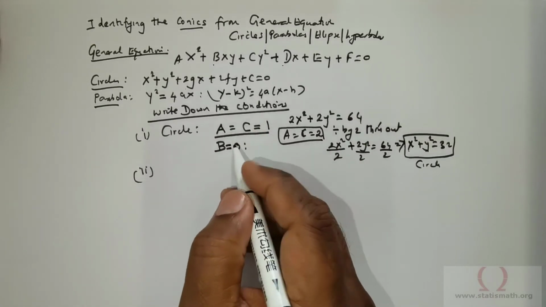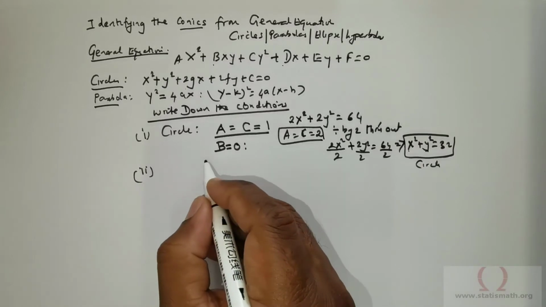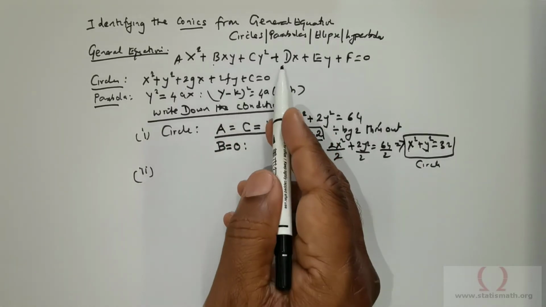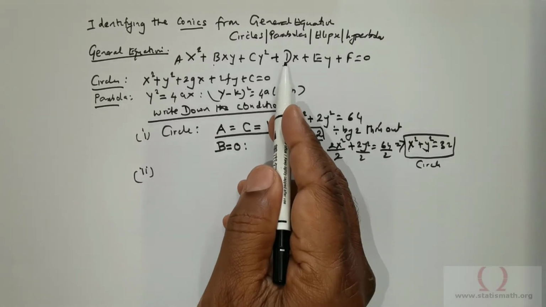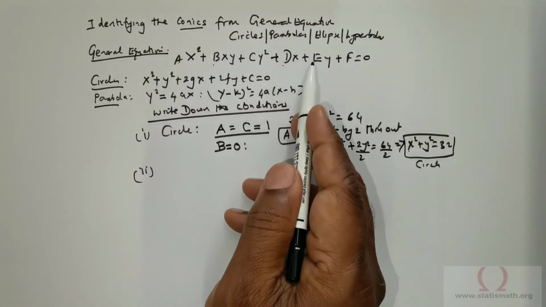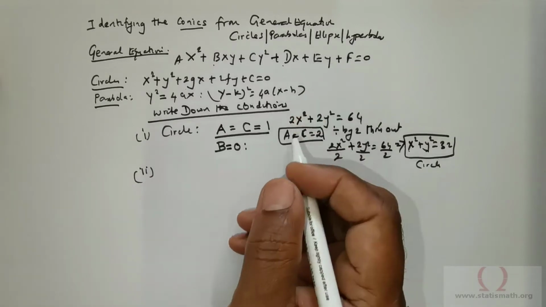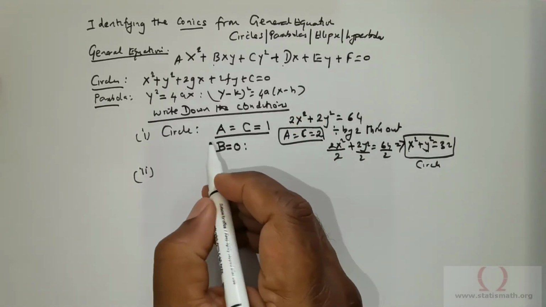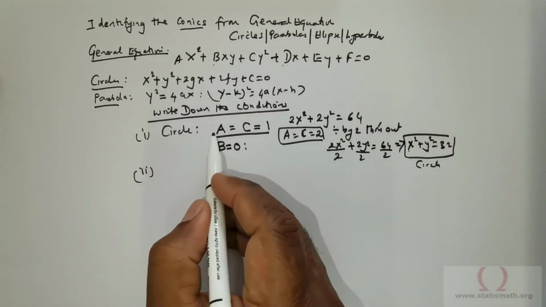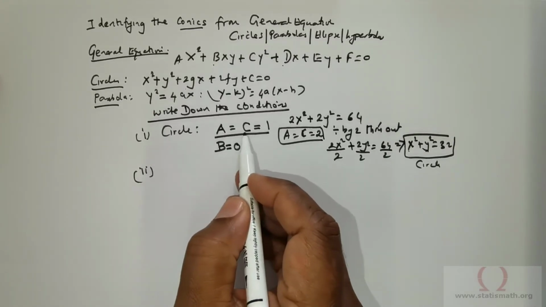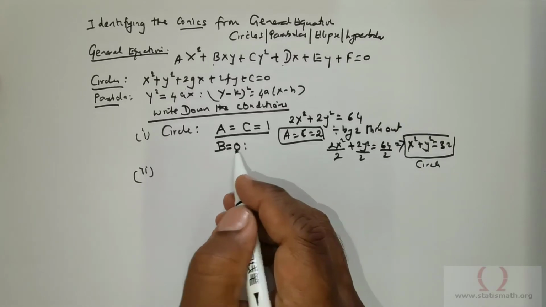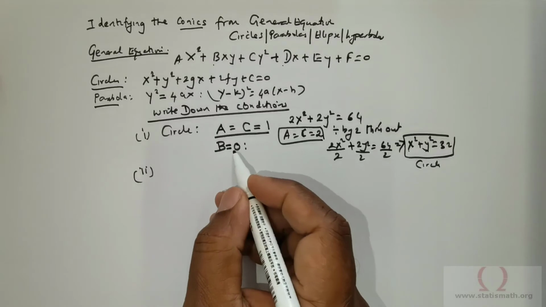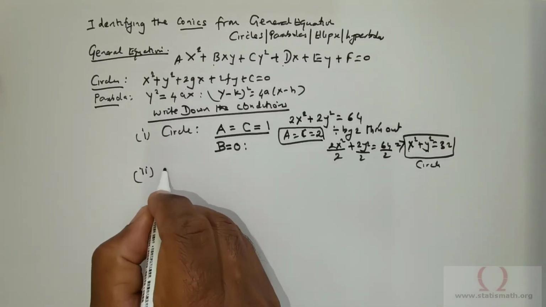So suitably, we can either mention this or simply note the important information where the coefficient of x exists and the coefficient of y exists. This would be sufficient to get the circle. So these conditions: a should be equal to c and that equals 1, and b should always be equal to 0. Having obtained this, let us move on.